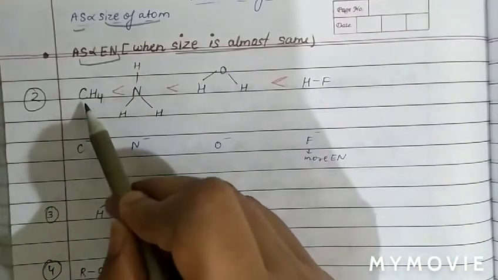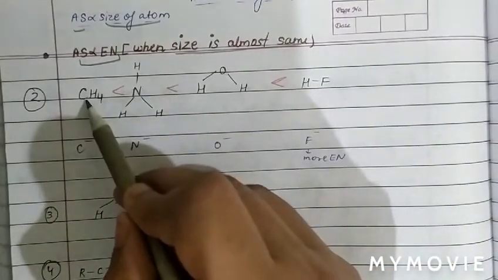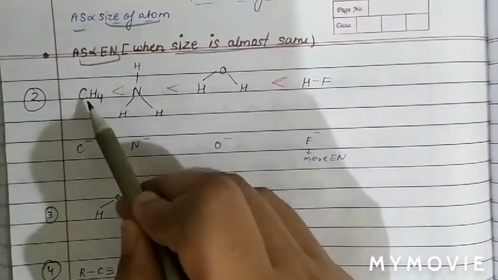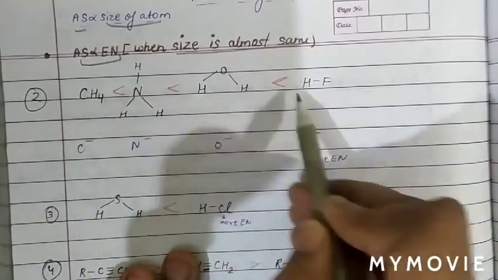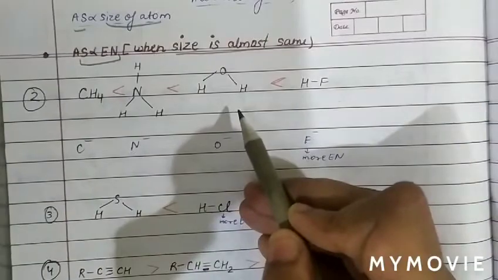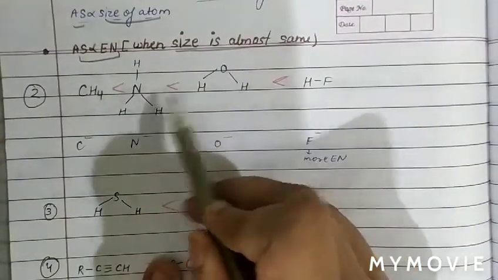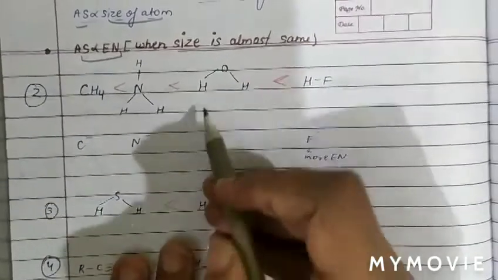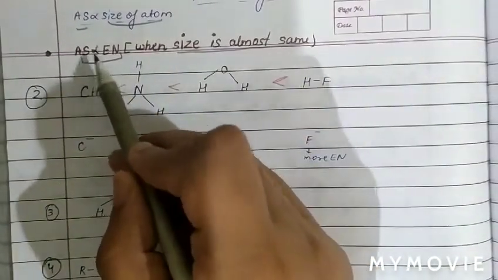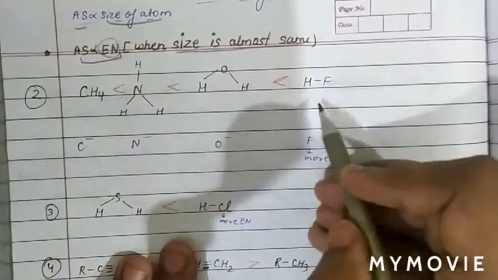We know carbon, nitrogen, oxygen and fluorine are second period elements, and the size decreases from carbon to fluorine. So in these cases the size is almost similar, not too much variation in the size.